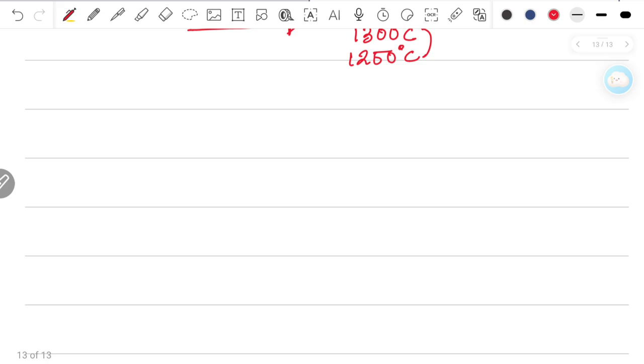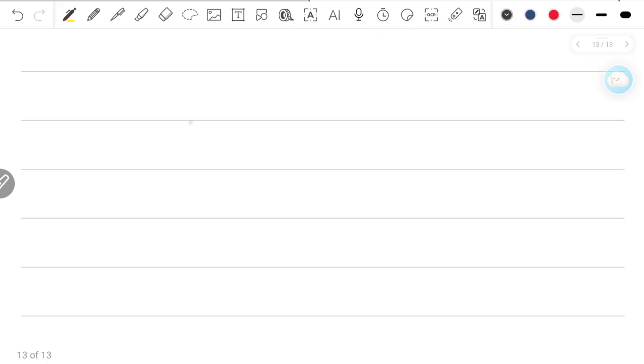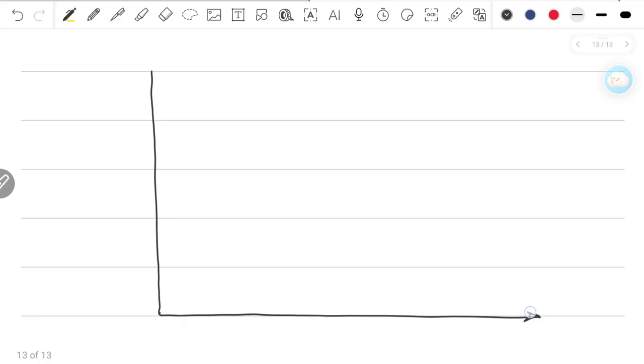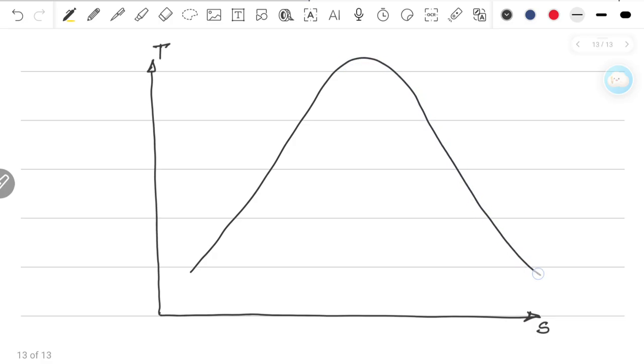So if I draw a simple Rankine cycle, like this, let's say this is entropy, this is temperature.